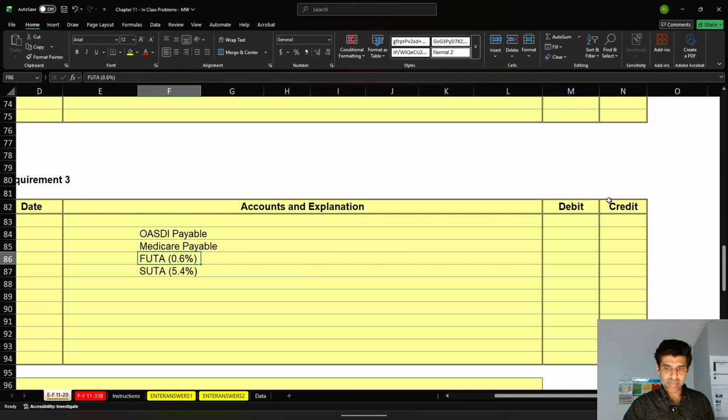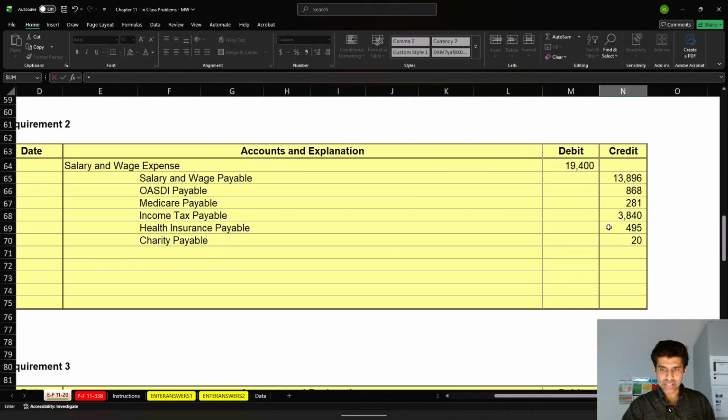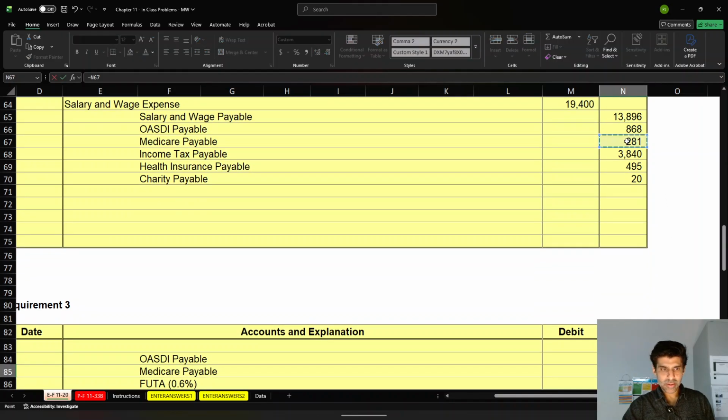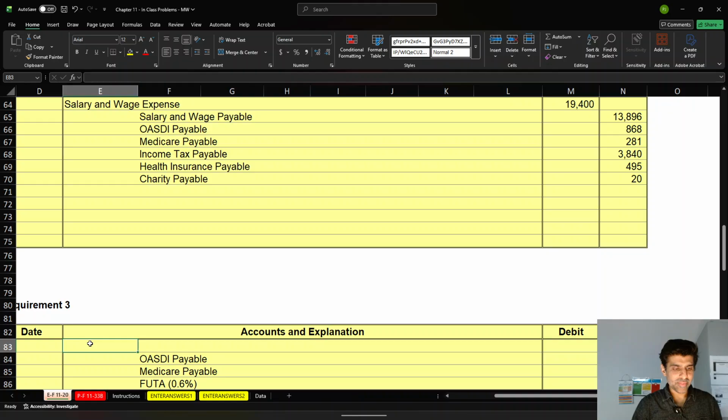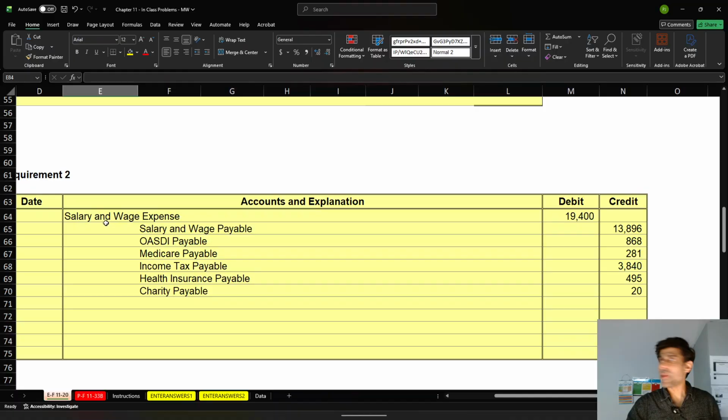And the Medicare and the OASDI, again, are easy because they're just matching amounts to what the employee pays. And again, what is this? This is for employer payroll tax expense. So again, to pay your employees, this is again why a lot of employers like to have contractors, okay?